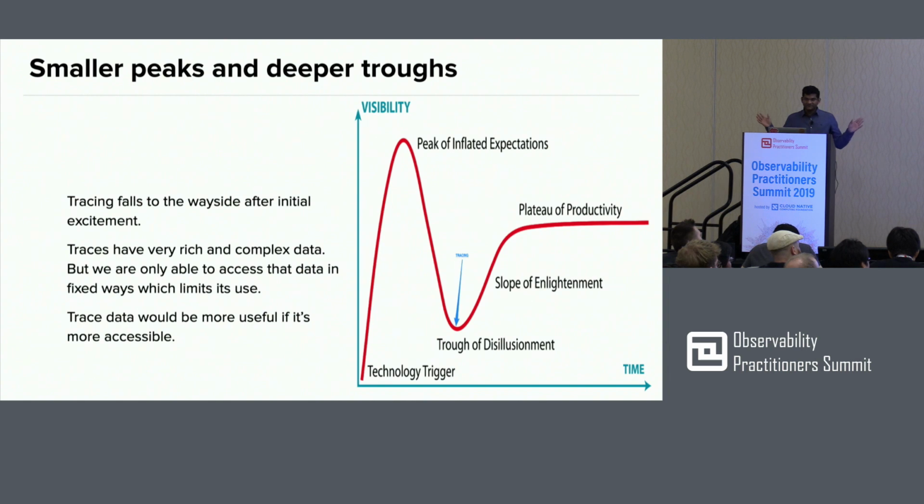Like if your Prometheus goes away, all hell breaks loose. If tracing goes away, right? But the thing is, traces have very rich and complex data in them. The problem we have found by building these systems is the data in the traces is exposed as literally two views, a trace view and a service graph view.